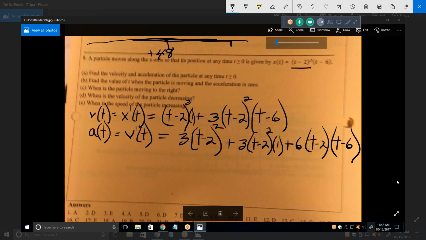Now, well, I can add some of that. That plus that is 6 of them. So I can simplify that a little bit, and you do want to simplify these if you can. So that's 6 of (t minus 2) squareds.